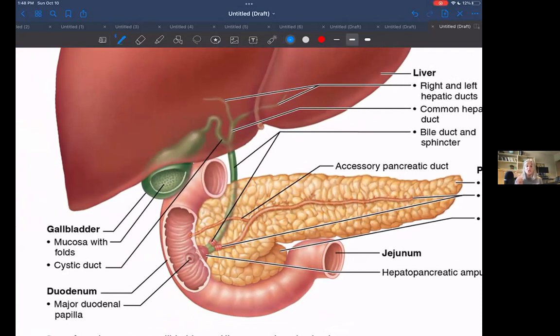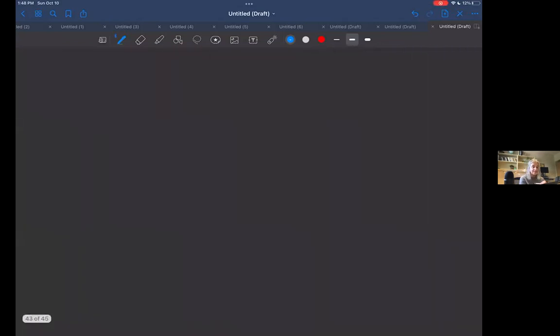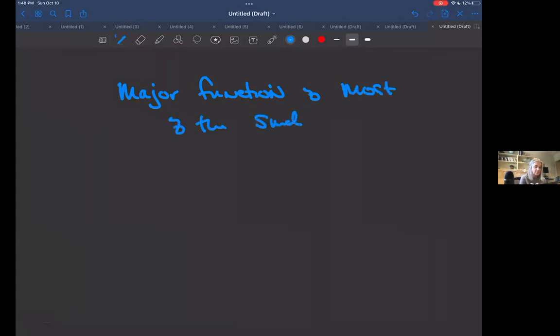So let's look at the structure of the small intestine in general. The major function of the small intestine, not just the duodenum, so maybe the major function of most of the small intestine, is twofold.